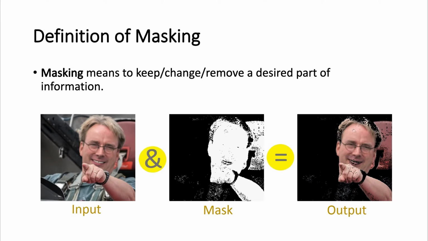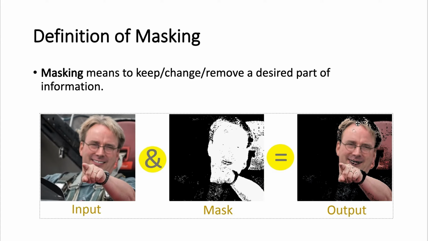Okay, so let's talk about this image first. This is the original image, right? We mask the image with this. First there is the white part and a black part. What the white part says is, we want only this white portion to be in the output image, and the black part must be removed, right?